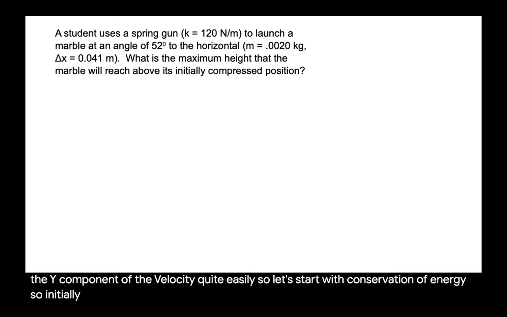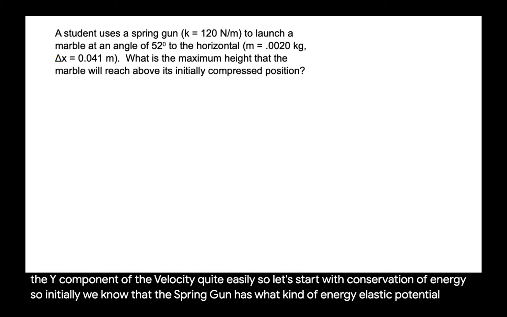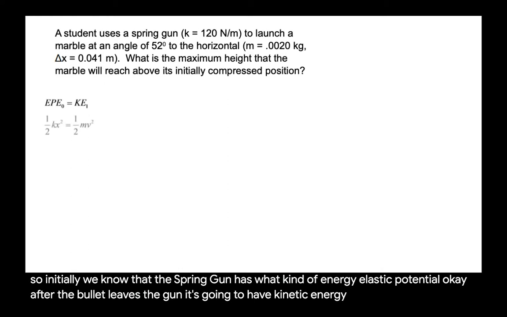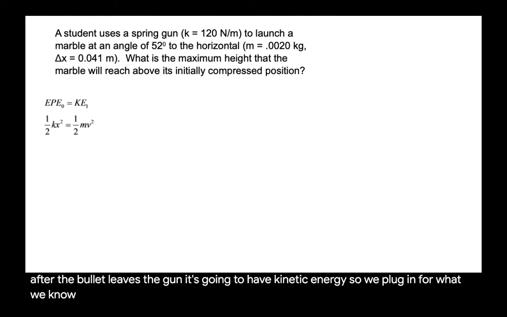Initially, we know that the spring gun has what kind of energy? Elastic potential. After the bullet leaves the gun, it's going to have kinetic energy. So we plug in for what we know, the definition of elastic potential and kinetic energy, and we're going to solve for v.